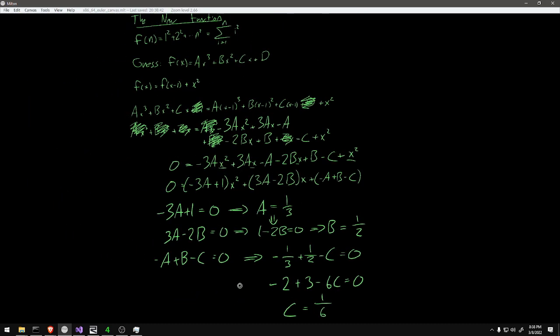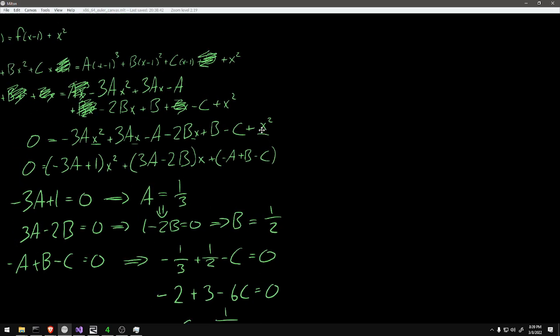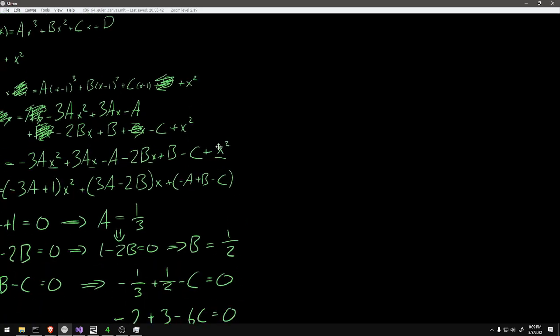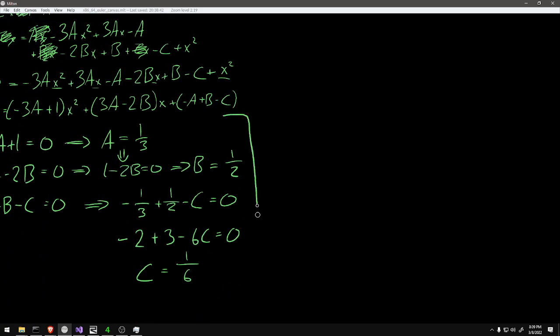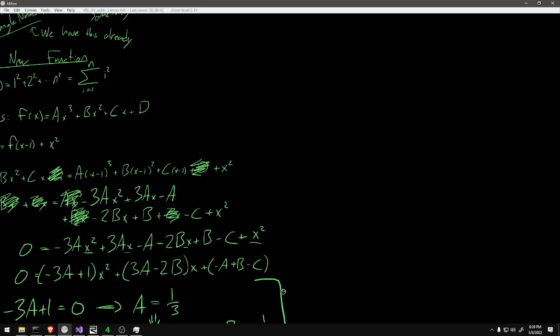Okay. So let's recall our guess. I'll transfer our a, b, and c up here. So a is 1/3. Here's what I'll do: I'm going to grab these and transfer them over to here. a equals 1/3, b equals 1/2, c equals 1/6.